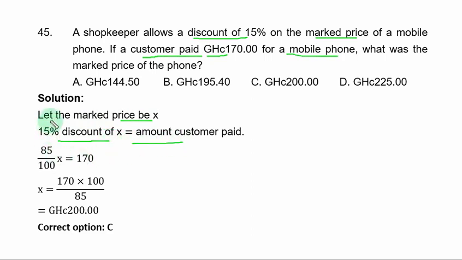So if you remove 15% from the total percent of 100, it becomes 85. So you have 85 over 100 times S equal to 170. If you make S the subject, you have this result. When you multiply and divide, you have 200 Ghana cedi. C is the correct option.